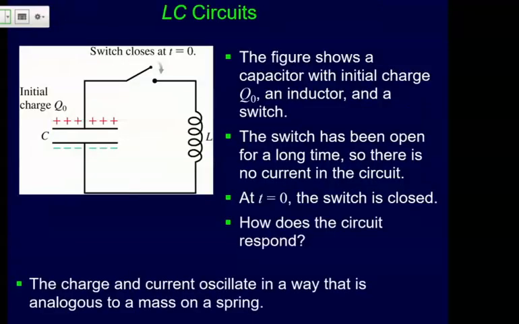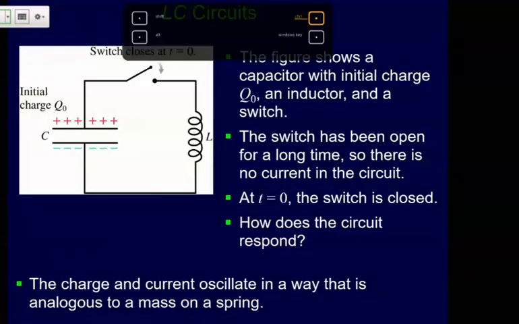And so the last thing we're going to talk about, related to this, is the LC circuit. This is an example of a circuit that's going to oscillate, this idea of an alternating current circuit. It'll oscillate in a similar way to how an AC circuit would oscillate. So we set up a capacitor and an inductor, and we're going to look at this a little bit.